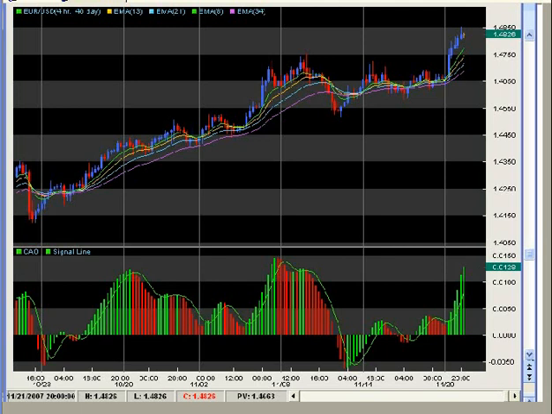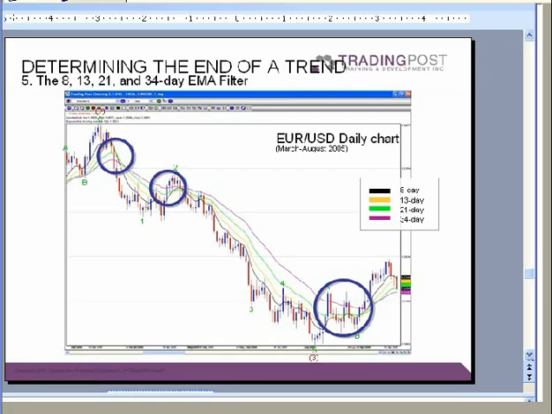This is a move in the euro, the daily chart from March to August 05, and it's actually the 5-wave sequence of wave 3. You can see the 3 in parentheses at the bottom, and you can see the green 1, 2, 3, 4, 5. So it's a 5-wave sequence.